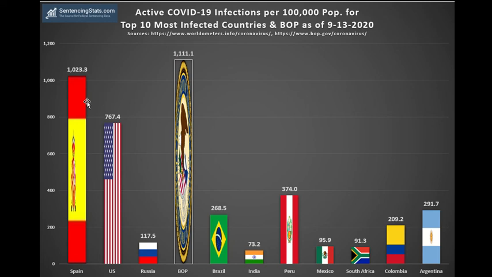If it reported the number of recovered, that would be significantly lower. We actually do have the highest proportion of active infections of any of the top 10 most infected countries on earth. At any rate, regardless of that, the Bureau of Prisons has an even higher rate, which is very, very significant.